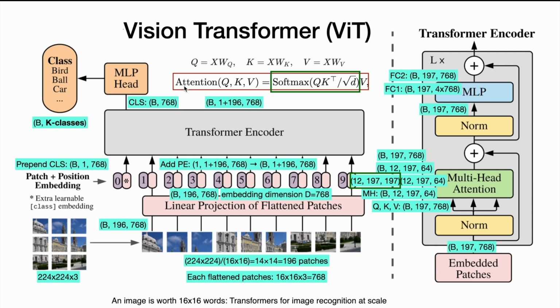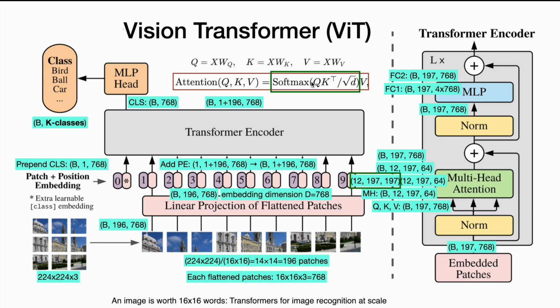Attention is performed according to this matrix. So basically for each query, we need to calculate the similarity between the query and the key, using a dot product.